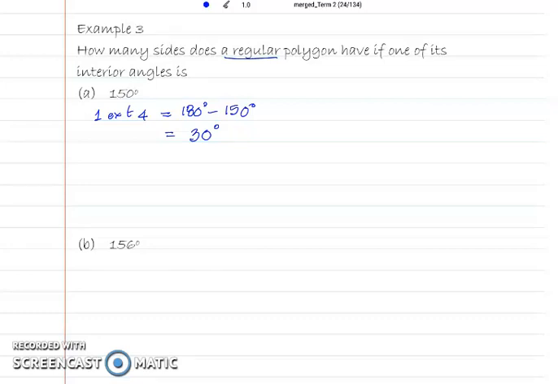All right, now because this is a regular polygon, all the exterior angles are the same. So let us say that there are n exterior angles, and each of them measures 30 degrees.